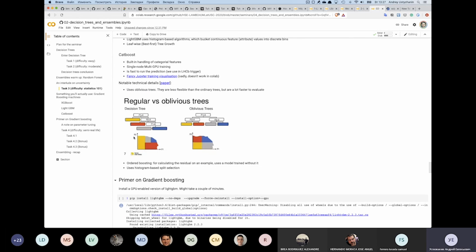So another detail about CatBoost is it uses oblivious trees. So here is an example decision tree on the left and oblivious tree on the right. So it's a little bit different way how the space is split. By a regular tree, you split, and everything on the left of the first split becomes yellow. And here it's a little bit different.